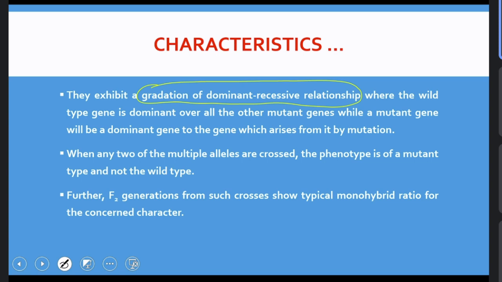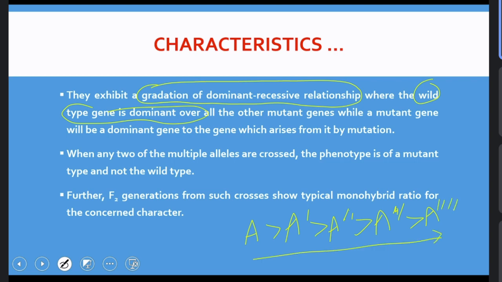Multiple alleles exhibit a gradation of dominant recessive relationship where the wild type gene is dominant over all the other mutant genes: A single dash, double dash, triple dash, quadruple dash. That means in all, this is a series of 5 multiple alleles where A is dominant over all the other 4, while a mutant gene will be dominant to the gene which arises from it by mutation.